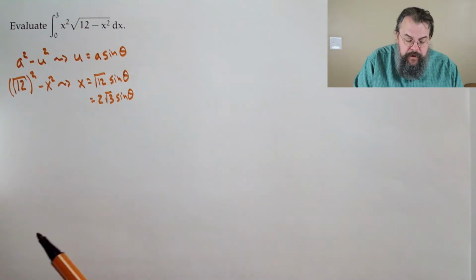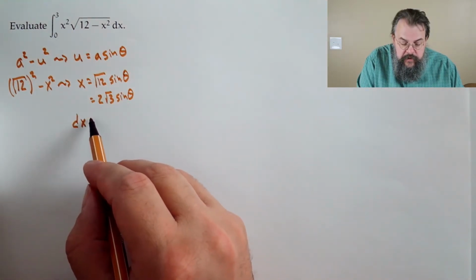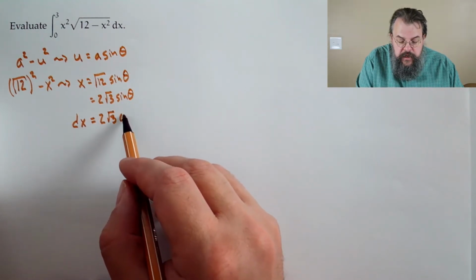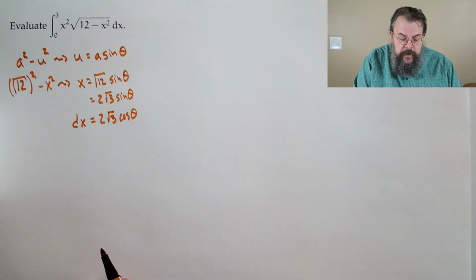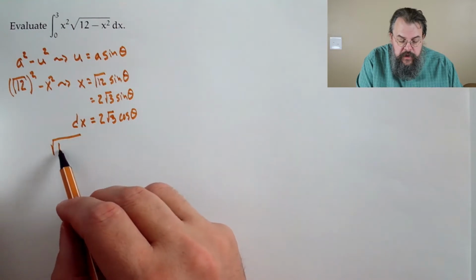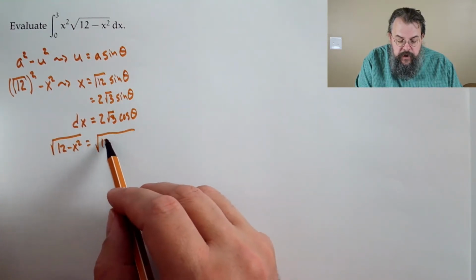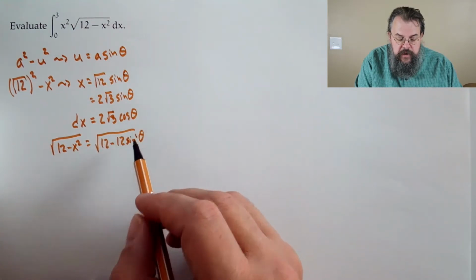All right, what can we say about our dx? Well, our dx would be 2 times square root of 3 times cosine. All right, and well, what else? Well, the square root of 12 minus x squared, that's really the square root of 12 minus 12 sine squared.